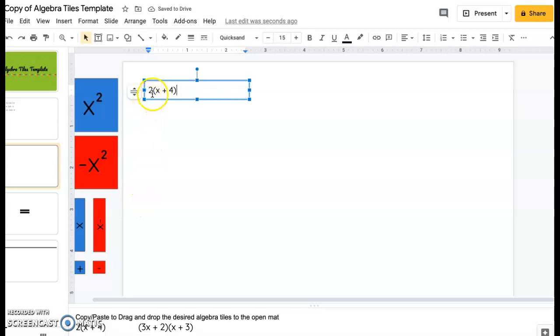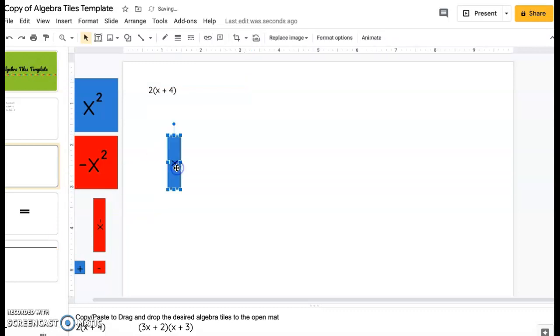So this means that we need to make two groups of this equation. So there's going to be two groups of x, 1, 2, and then two groups of 4. So bring this over here. 1, 2, 3. And we're going to set it up all nice and pretty.